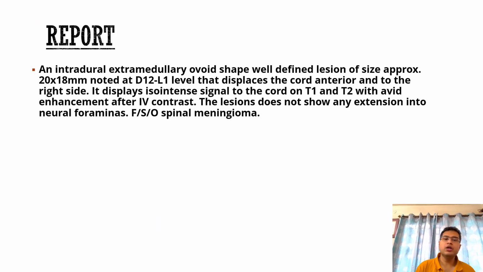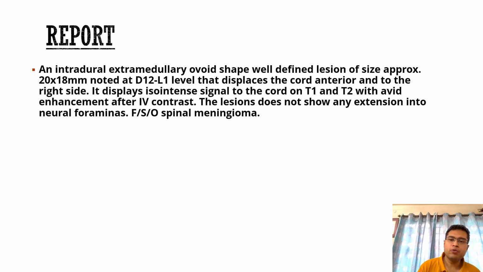So it was an intradural extramedullary ovoid shaped well-defined lesion at D12 L1 level that displaced the cord anteriorly and to the right side, and showed isointense signal on T1 as well as T2 with avid enhancement post contrast, with no extension into the neural foramina, suggesting a spinal meningioma as the diagnosis.